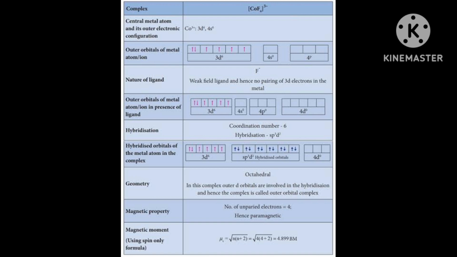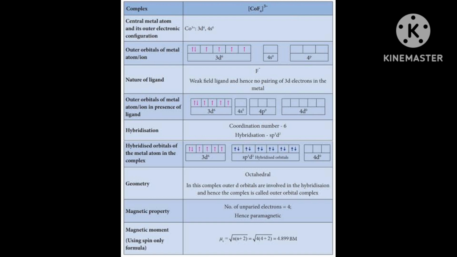Here you can see all are fully paired, 6 pairs of electrons from 6 NH3 molecules. Then which complex did it form? It formed cobalt hexaammine, [Co(NH3)6]3+, because you have written the electronic configuration after removal of 3 electrons.